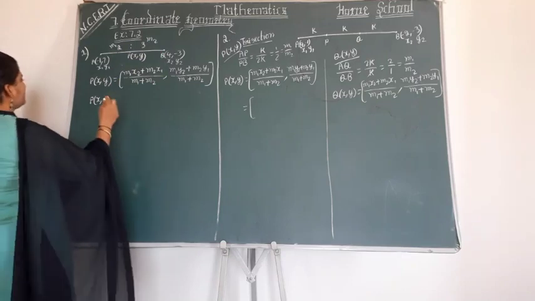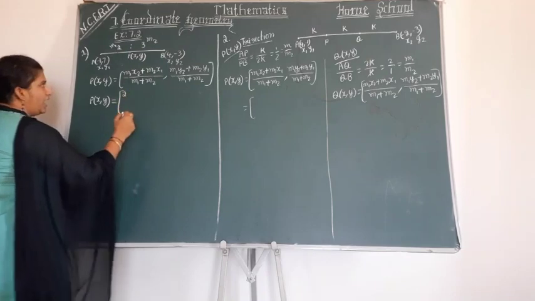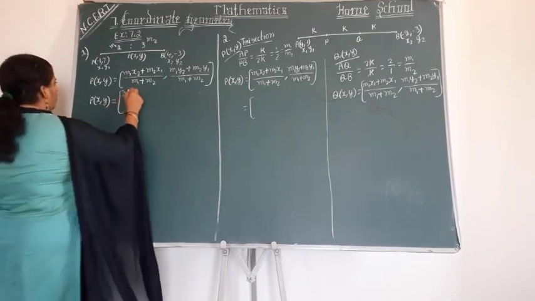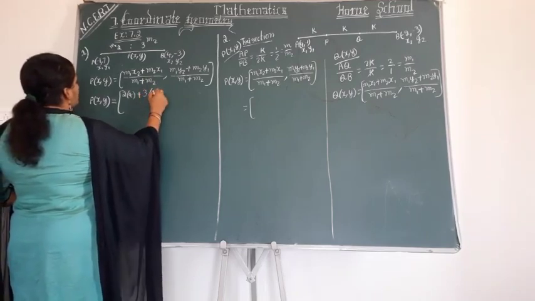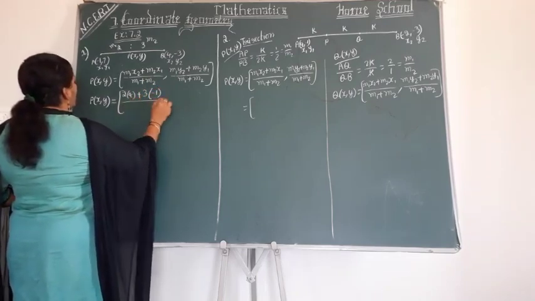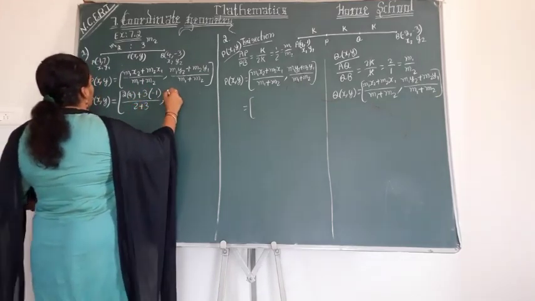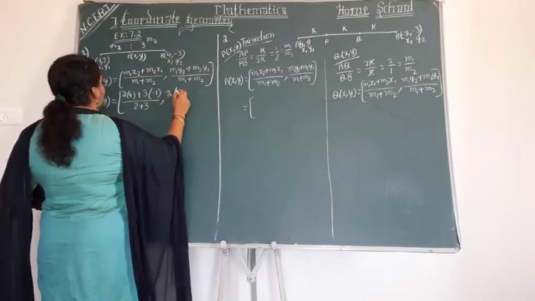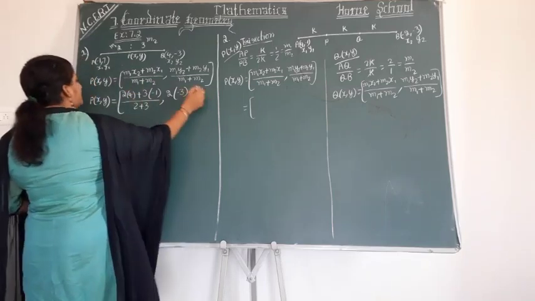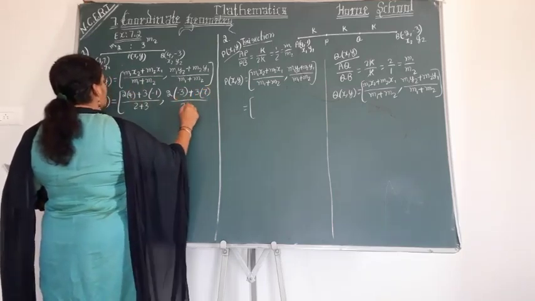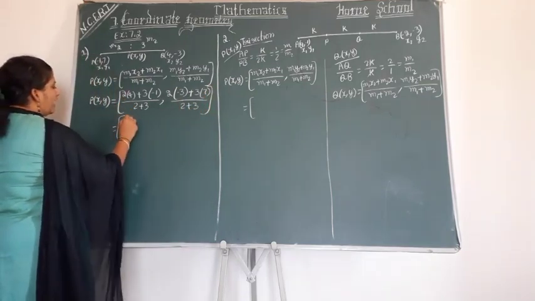Let's start. M1 value is 2 and your x2 value is 4, plus M2 value is 3, x1 value is -1, by M1 plus M2, 2 plus 3, comma M1 2, y2 value is -3, M2 3, y1 value is 7, whole divided by 2 plus 3. 4 2s are 8.